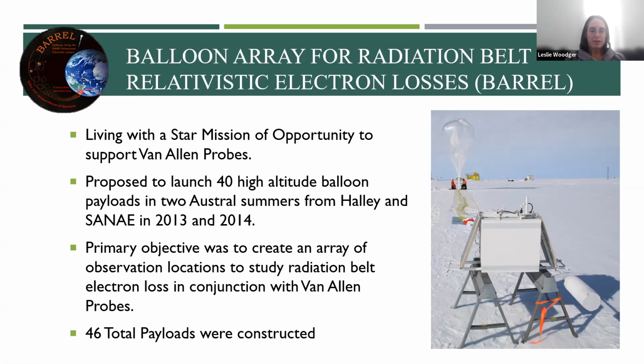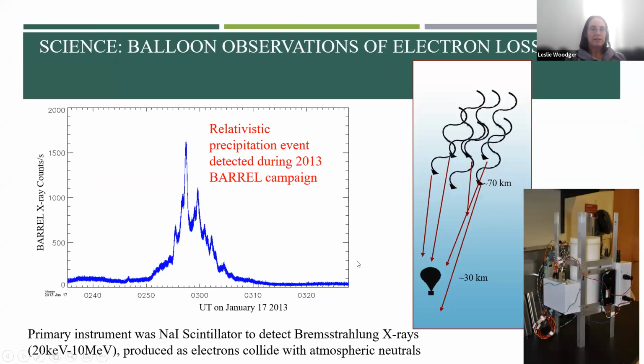The primary instrument on board the payloads was a sodium iodide scintillator to detect bremsstrahlung X-rays produced by electrons colliding with atmospheric neutrals, electrons precipitating in from radiation belt regions. Over here in the corner, you can see the core inside of the payload. And this is a little cartoon of the electrons coming in and emitting their X-rays and our balloon detecting them.